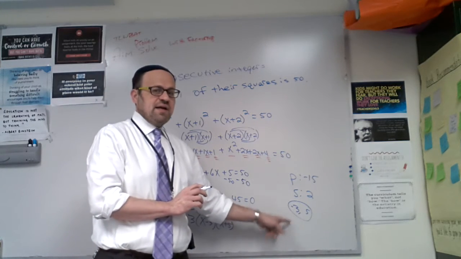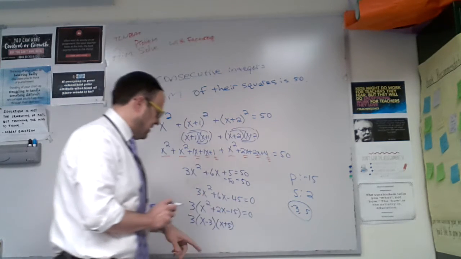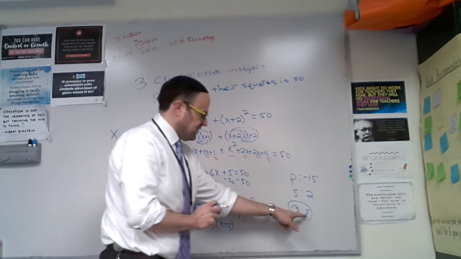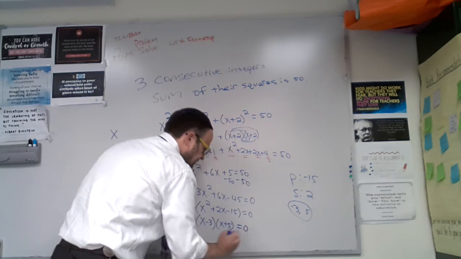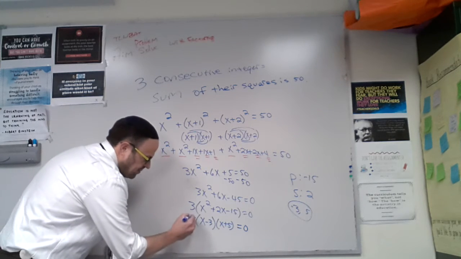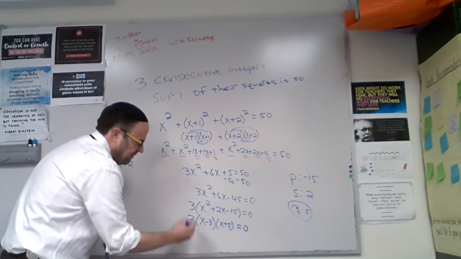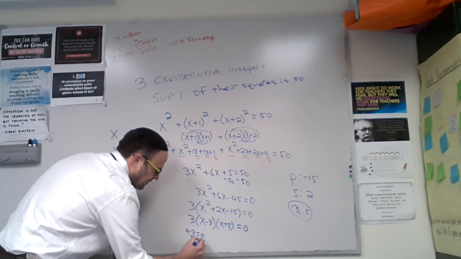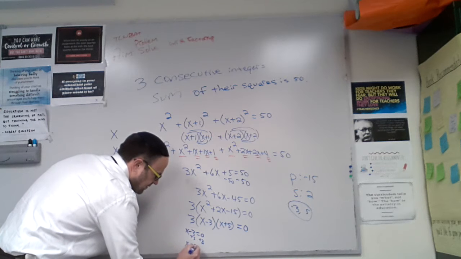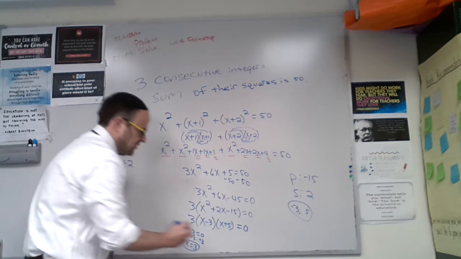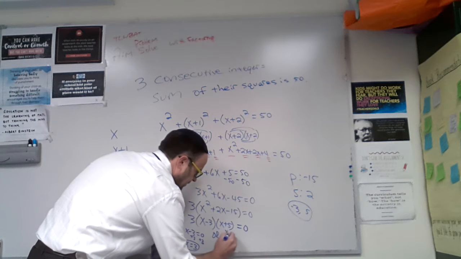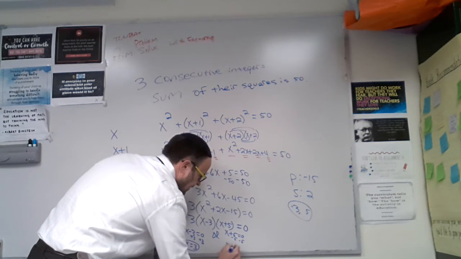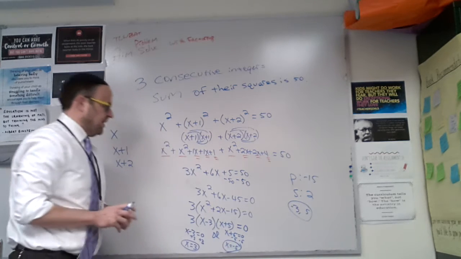Always a good idea to write it out, because sometimes you flip the signs in your head. x minus 3 because of the negative 3. x plus 5 because of the positive 5. Now the final step. The 3 doesn't matter because 3 obviously doesn't equal 0. x minus 3 equals 0. So x equals 3, or x plus 5 equals 0, x equals negative 5.